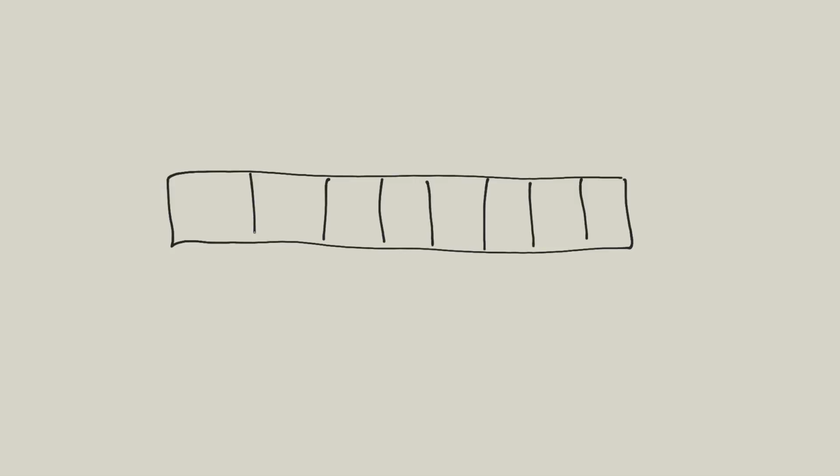And what we're going to do is we're going to start by saying what each of these bits represents. So this first one is 2 to the power of 0. The second one is 2 to the power of 1. 2 to the power of 2, 2 cubed, 2 to the 4th, 2 to the 5th, 2 to the 6th, and 2 to the 7th.